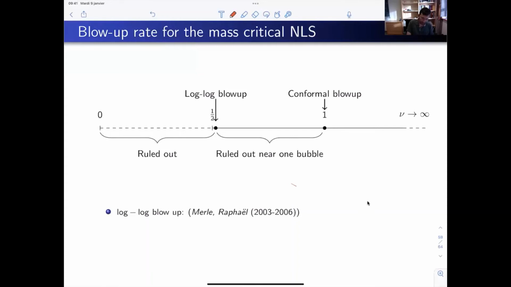But then there is a work of Pierre Raphael where, between the log-log, which is 1/2 with the log-log correction, and the rate 1/t, it's ruled out near one bubble, so near Q. Then at the rate 1/t you have the conformal blow-up.